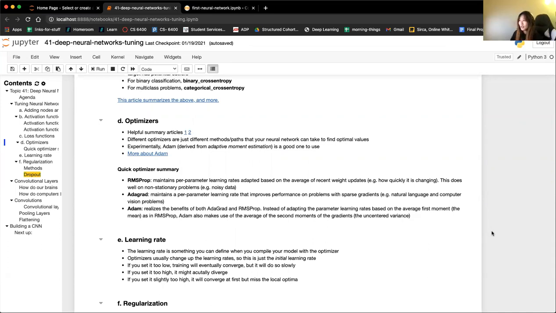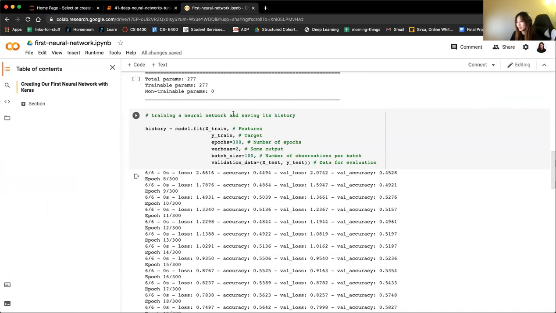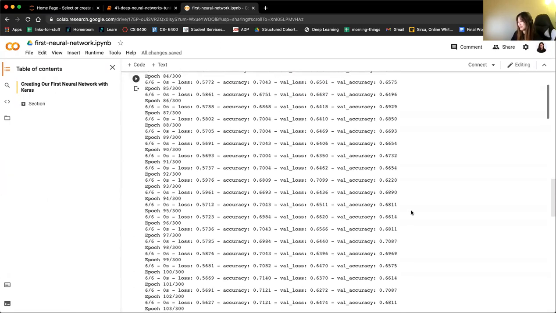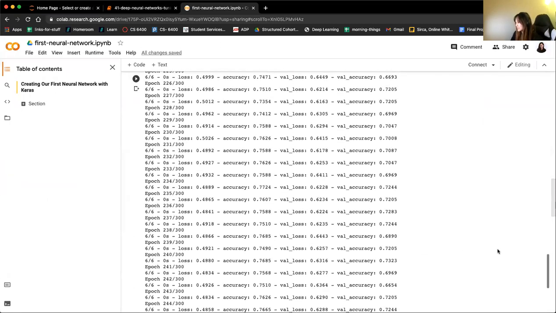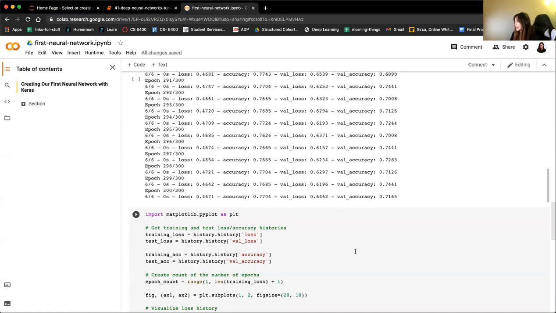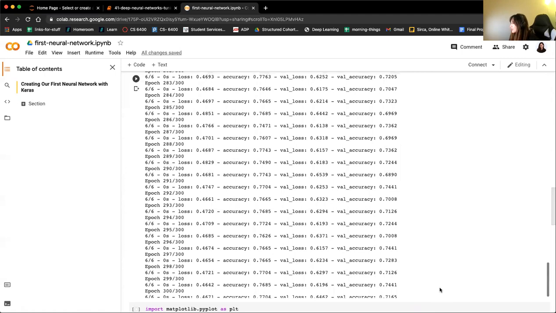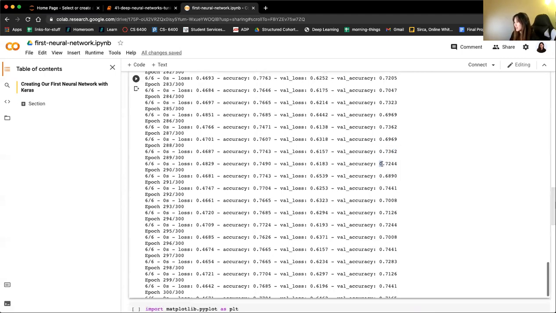So let me use this as an example. This is the neural network that we ran last time with 300 epochs. We see here the accuracy is jumping up and down a good bit. Let's take these last few as an example. You see here it goes from 73 down to 72 and down to 68.